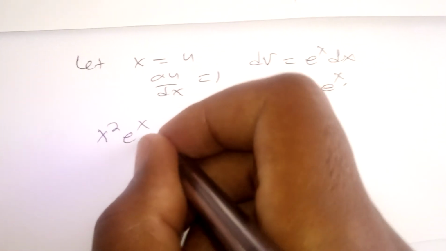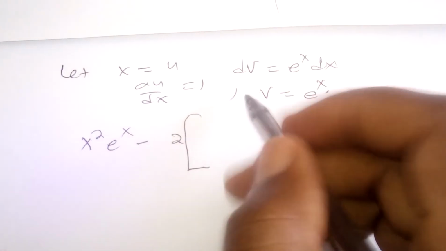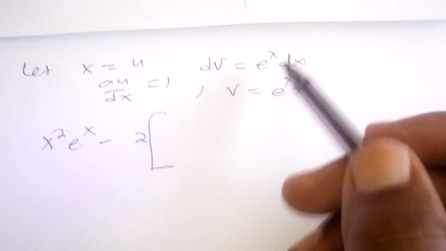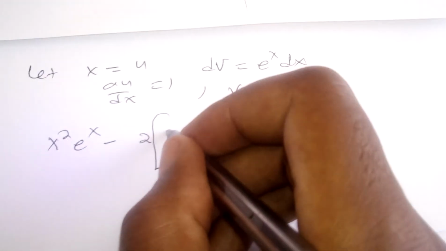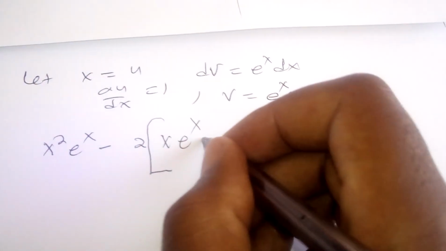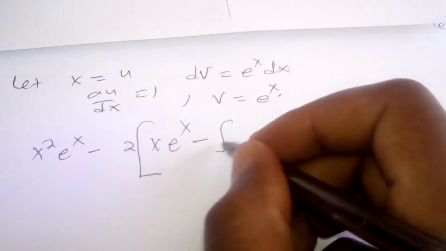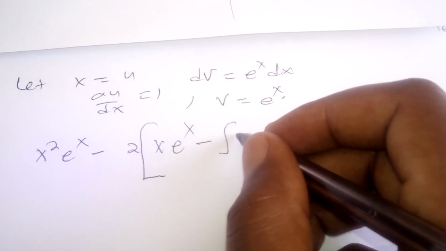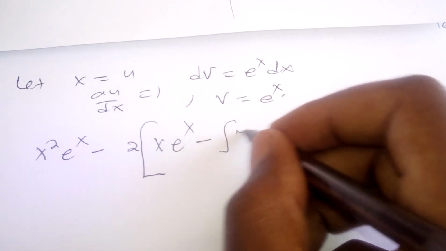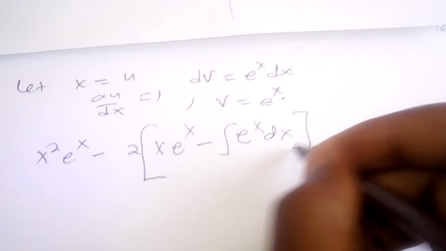So rewriting what we had initially, we can put all the substitutions we have. Here we have u, our u was x, our v is e to power x, minus the integral again of du dx, which is just a 1, then v, which is e to power x dx, and then we finish.